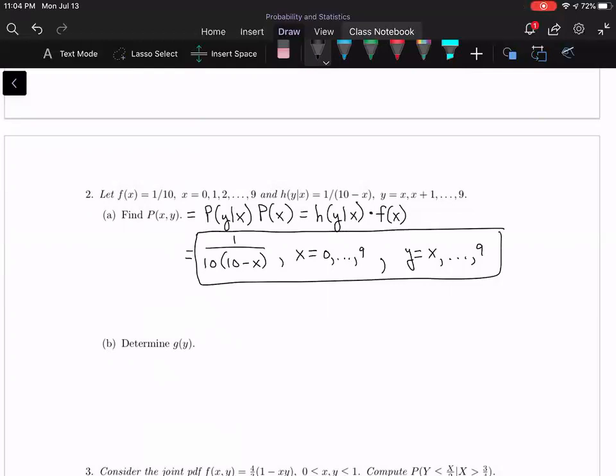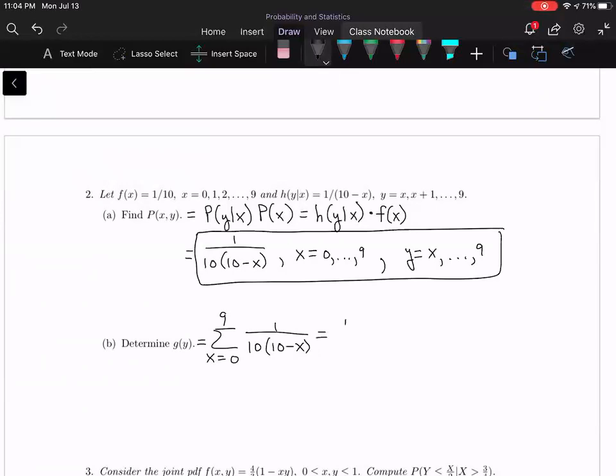In part B, it's implying that here we want to find the marginal distribution of y. Being that these are discrete distributions, that means we're going to sum out x. So g of y is going to be the sum as x goes from 0 to 9 of our joint distribution, 1 over 10, 10 minus x.